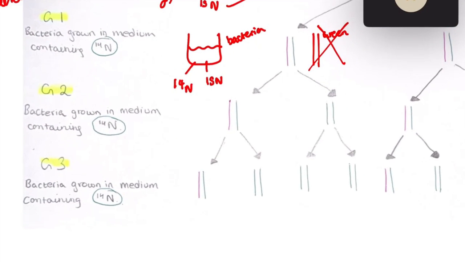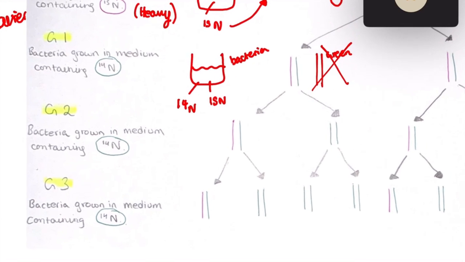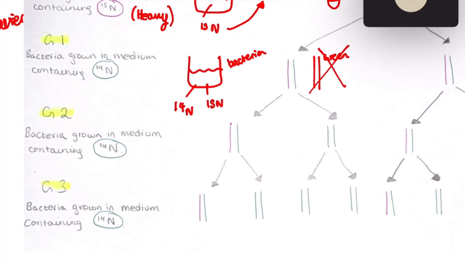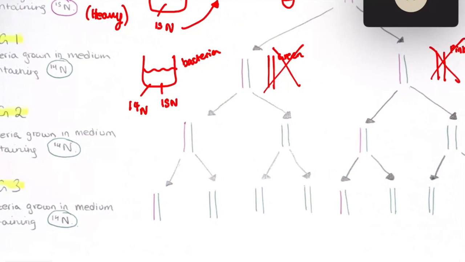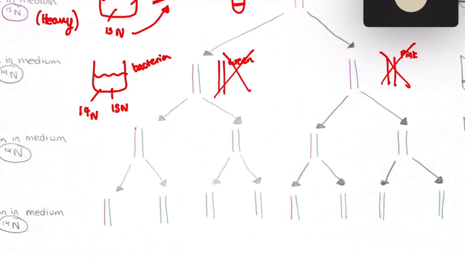Now, once we've done it for another generation, we're still doing it with 14N, so we've just added more 14 nitrogen into the beaker. What happened is that these two DNA strands split off even more, and this time we produce double the number of DNA strands.